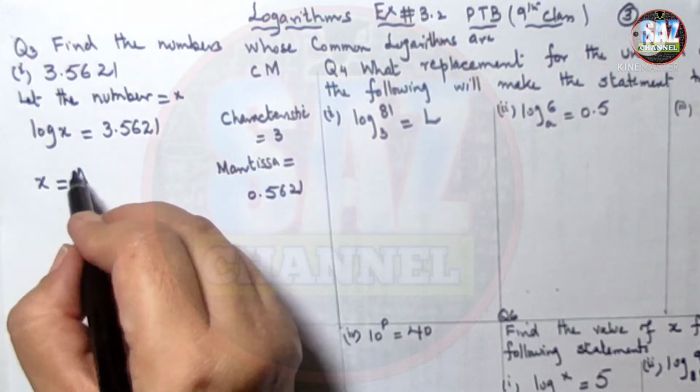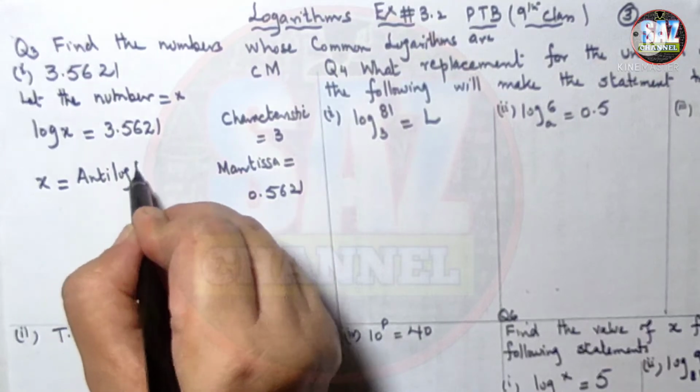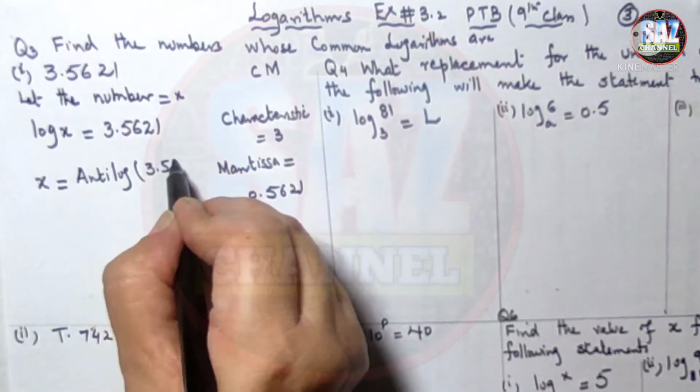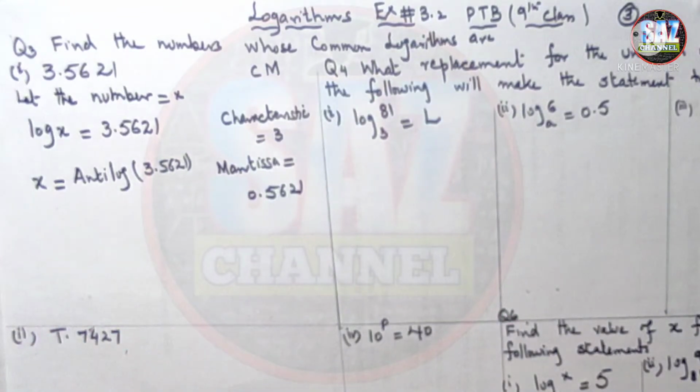So in order to get the number, we will write x equals antilog of 3.5621. Watch the lesson carefully to see the role of the characteristic and the role of the mantissa in antilog questions. First of all, I have to find the value of 0.56 in the antilog table.